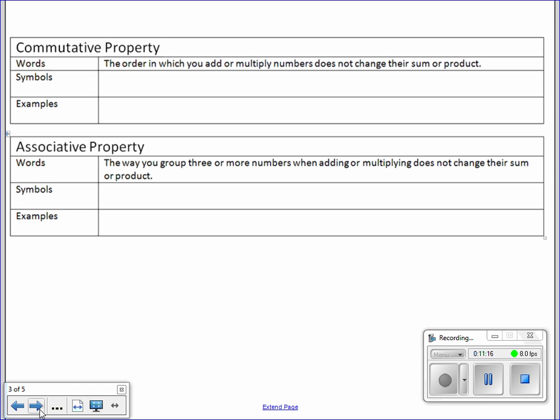Algebraically, A plus B is the same as B plus A. I can switch the A and the B around and it will not affect the sum. Likewise, I can multiply A times B, which is the same as B times A. My product does not change if I flip the numbers around.